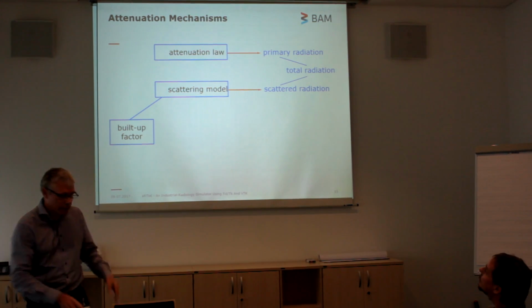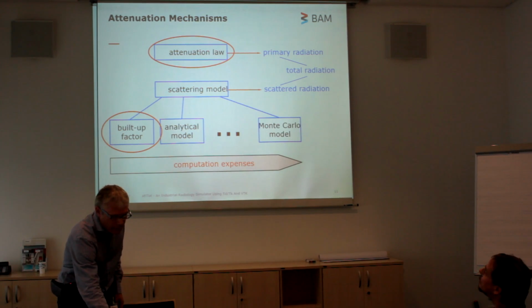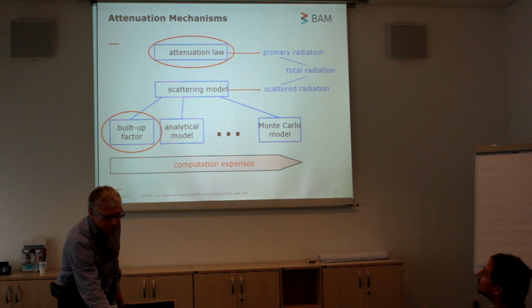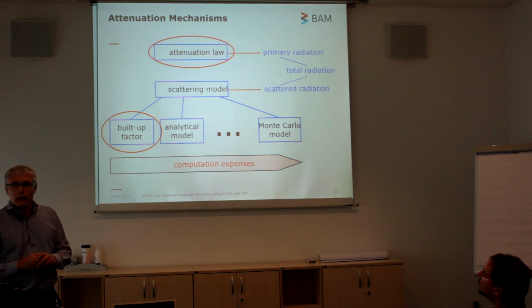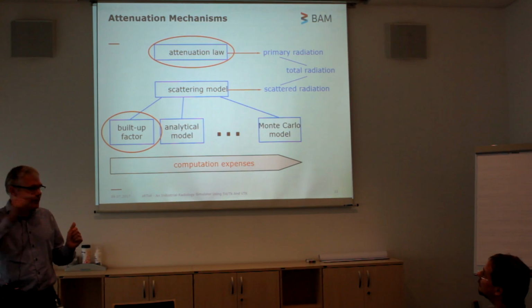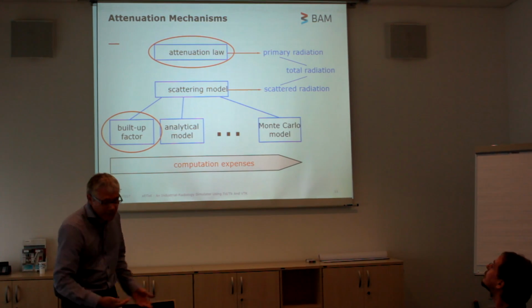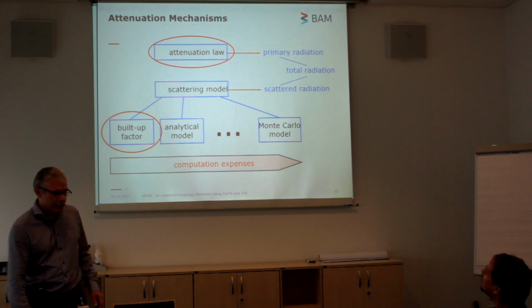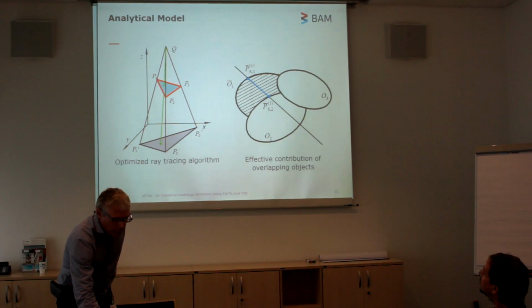You can use build-up factors, which is at quite the same speed without additional effort in computing time. But if you want to consider general geometry, you need Monte Carlo models where you fire single photons and follow them through the objects. And to get an image, you need a huge number, and so it needs much more computing time.